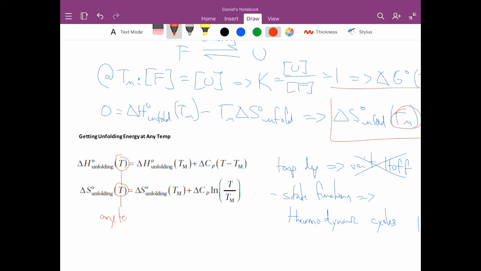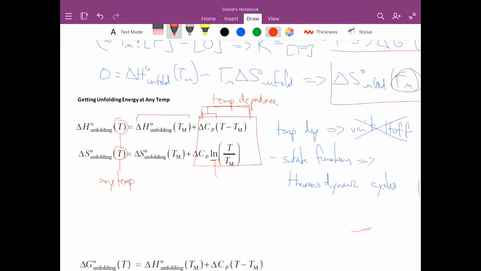And you input into them the enthalpy and entropy changes at the melting temperature, and also input this parameter of the change in heat capacity between the folded and unfolded. So this whole section right here is the temperature dependence adjustment for both of these equations.